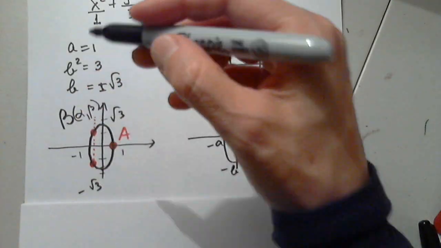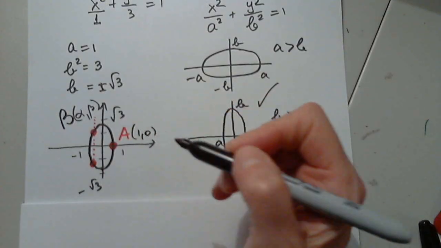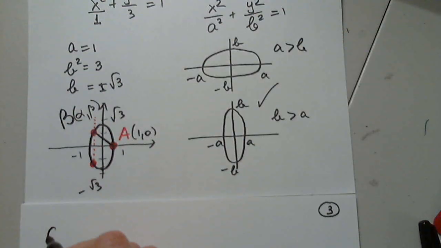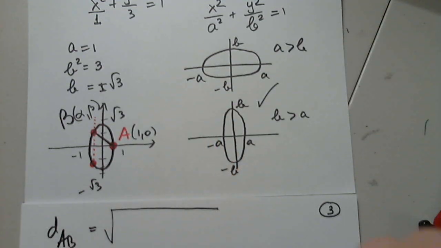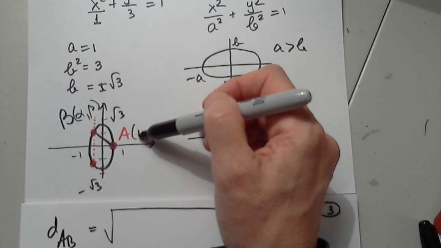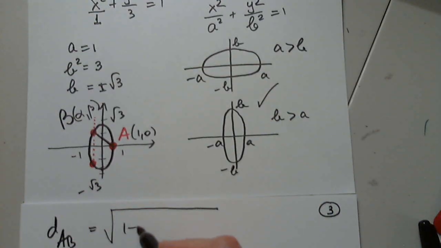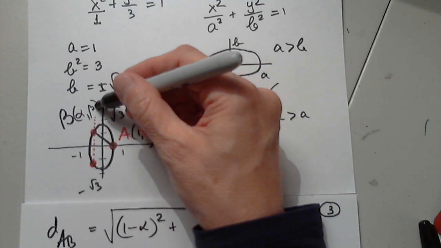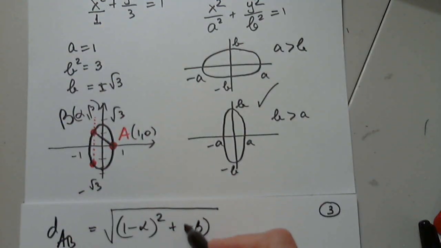So A is 1, 0. And then I'm going to draw the distance. The distance AB is, as Amanda told us last time, the square root of x2 minus x1 squared plus y2 minus y1 squared.